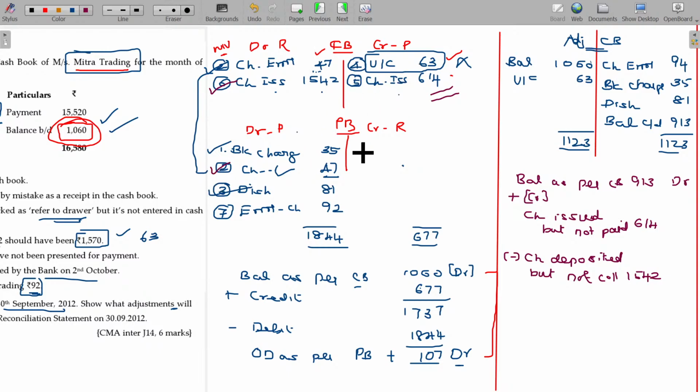And this one got eliminated by default. It's a banker's error.